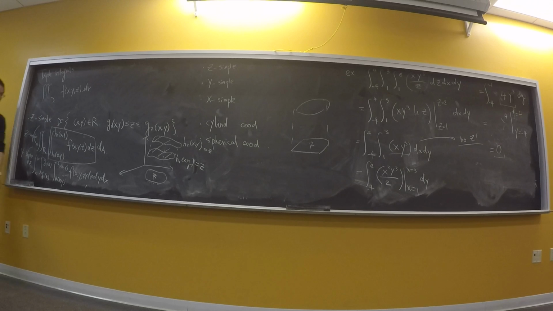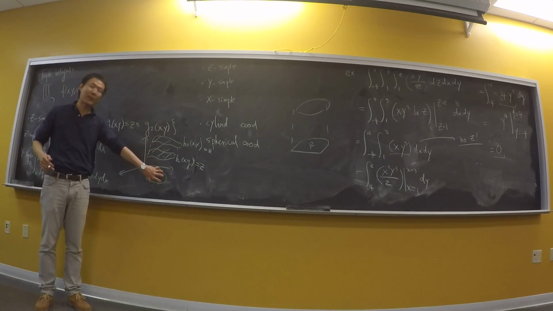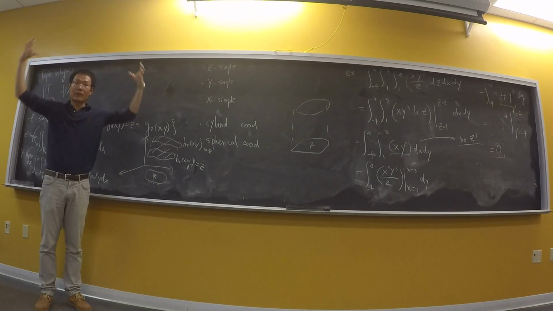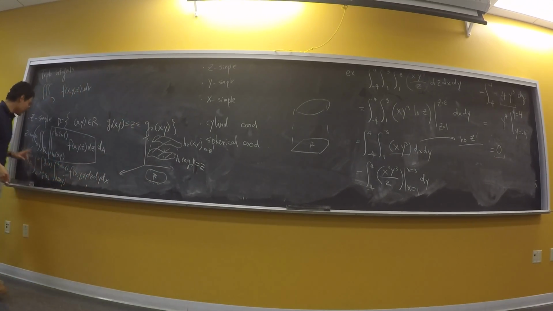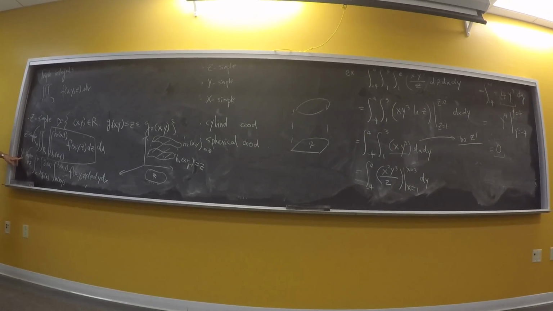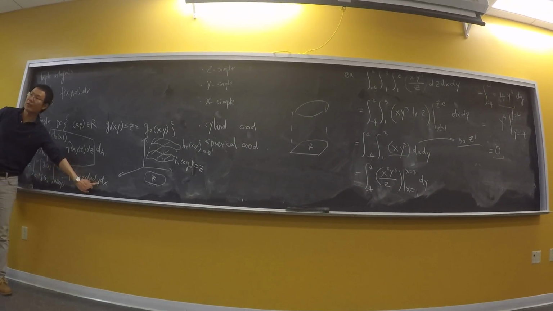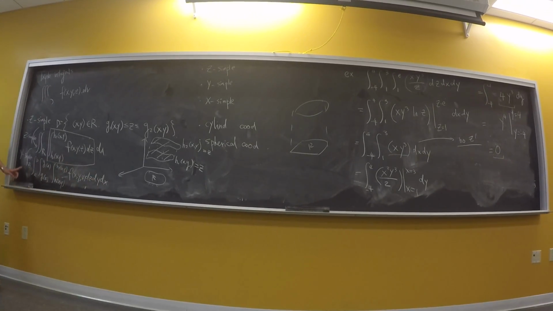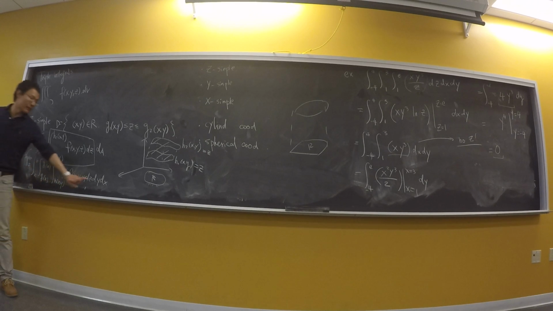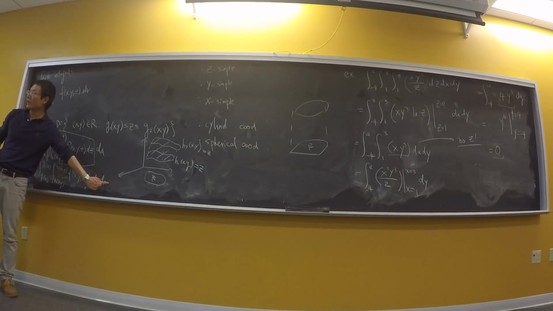Then you need to look at this solid projected back to the xy plane as a region in the xy plane. So you have a solid, then a region in the xy plane. For this region on the xy plane, you have to use your double integral skills to identify what it is. If it is a y simple region, then dy in the middle, dx on the outside. If it is an x simple region, dx in the middle, dy on the outside.